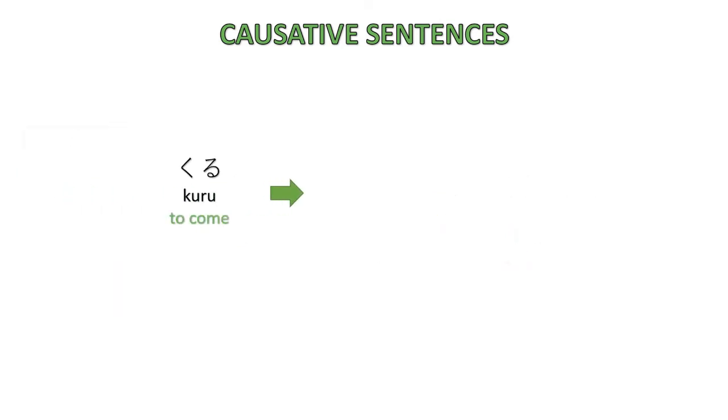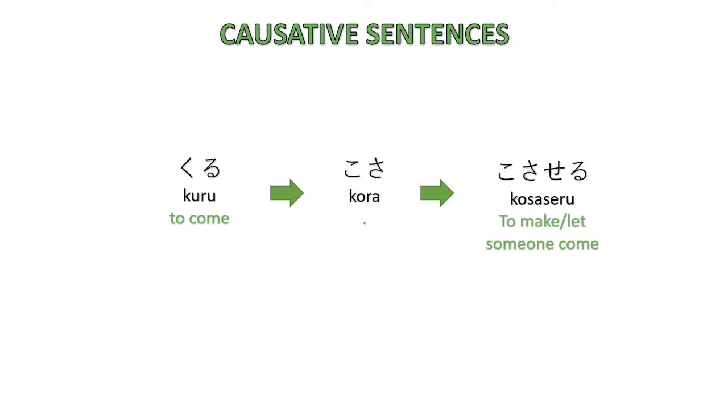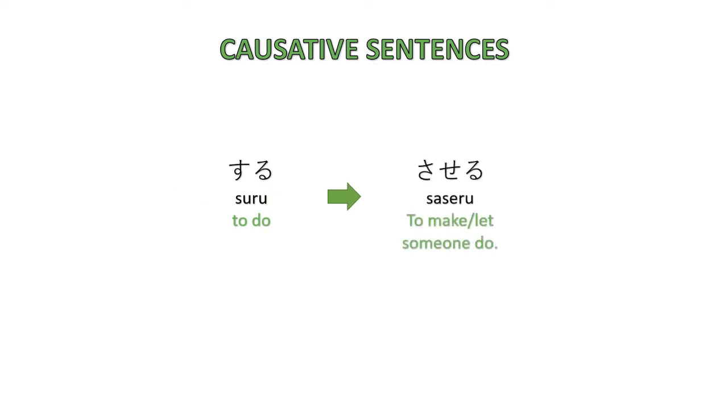Now for irregular verbs like kuru, kuru becomes kosa and then seru, kosaseru, to make or let someone come. And for suru, saseru, to make or let someone do.